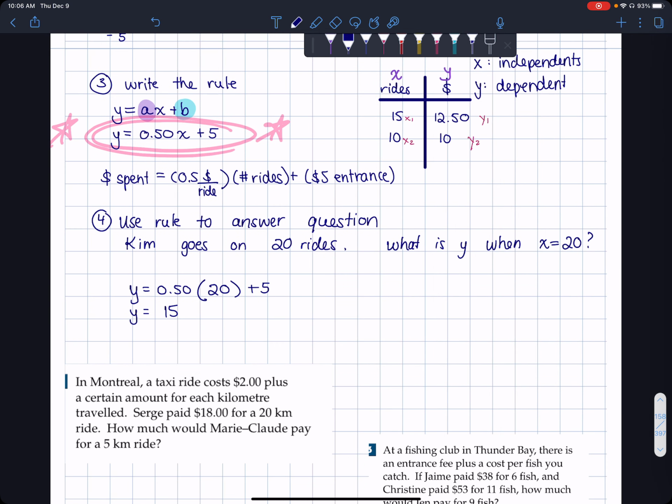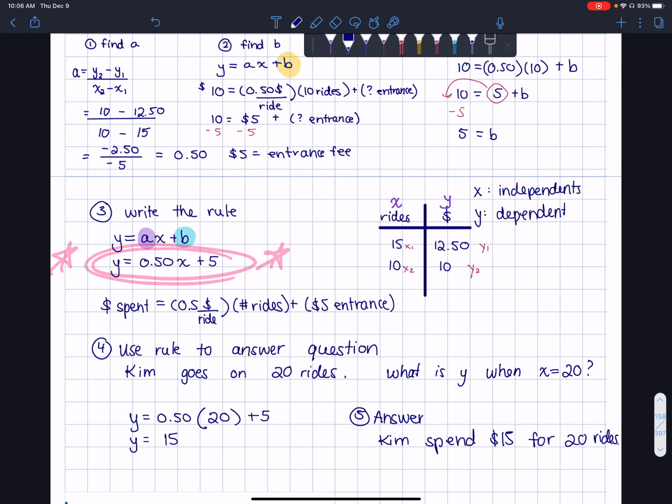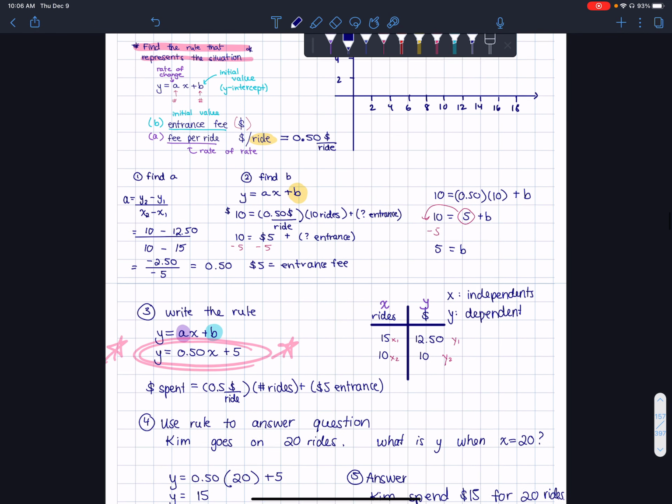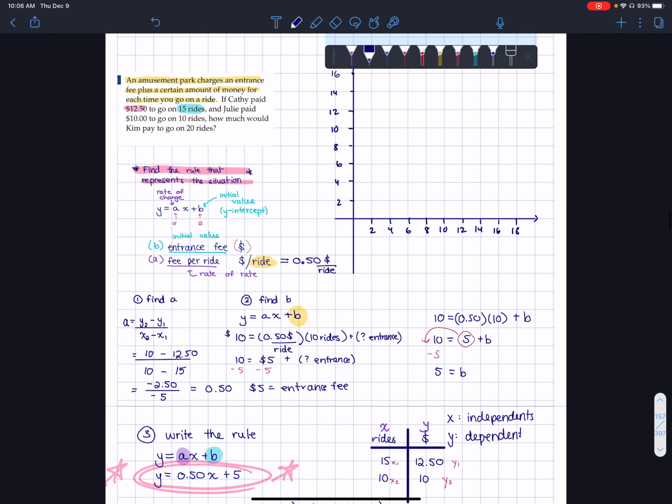And you answer in a sentence. Kim spends $15 for 20 rides. And that is it. So this is a very standard type of question for linear rules.